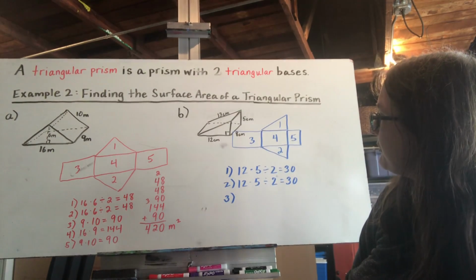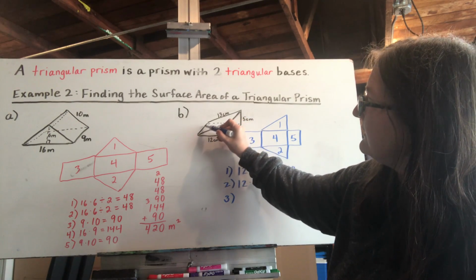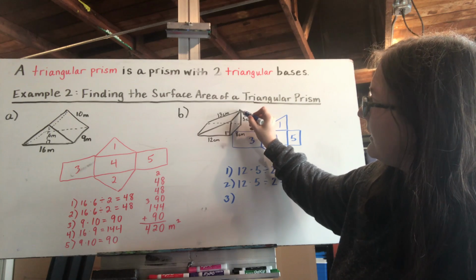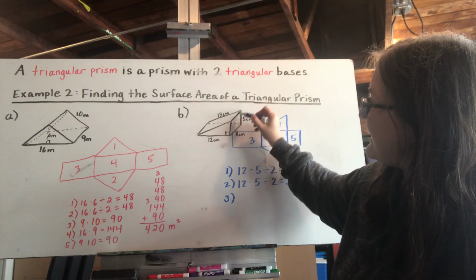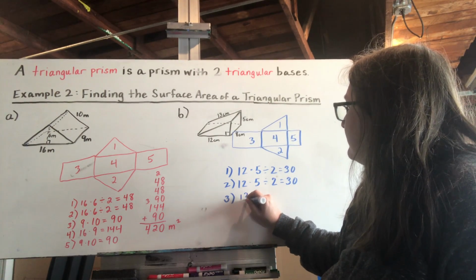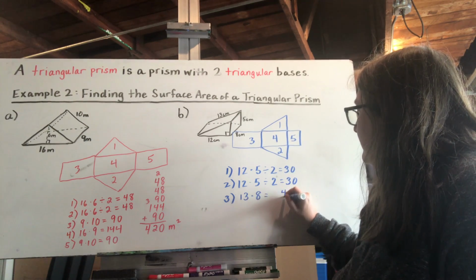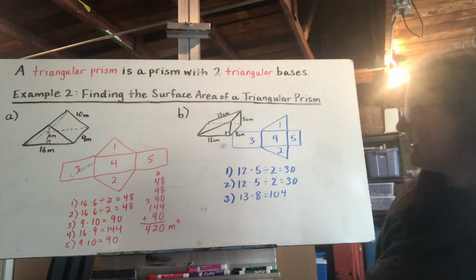All right, side number 3 is going to be this long piece here, this rectangle that's like leading up to the top, like the ramp piece. And this guy has a length of 13 and a width here of 8. So 13 by 8 gives us an area there of 104 for that side.